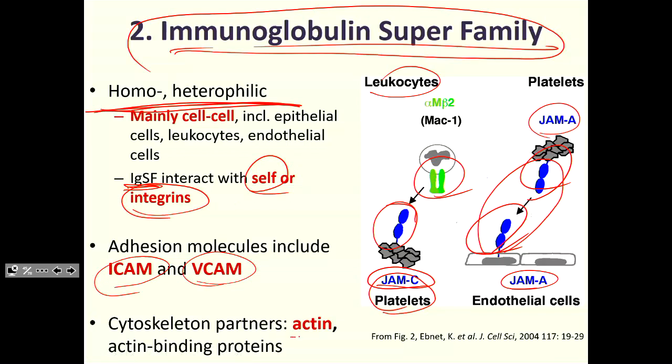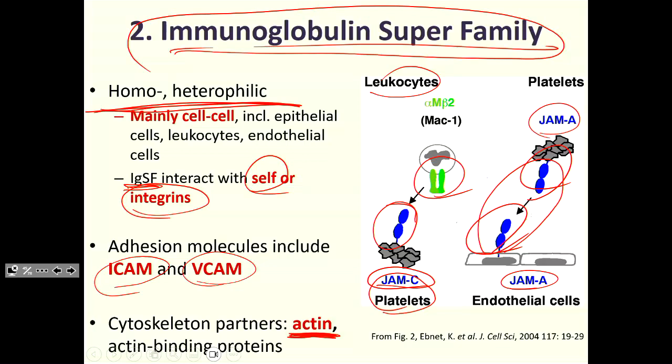In the cytoskeleton, actin is what they're going to be holding on to. Okay. And the integrins in this case are what? The integrins are just integrins. The ICAM and the VCAM, those are immunoglobulin superfamily members.